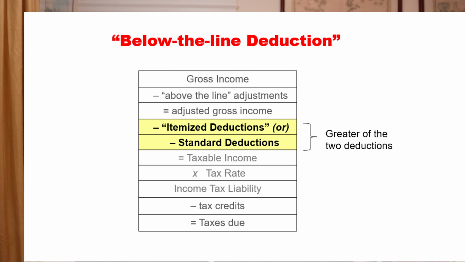Taxpayers can deduct the greater of their aggregate below-the-line deductions, also referred to as itemized deductions, or the standard deduction. The amount of the standard deduction is based on your tax filing status, such as single, married filing jointly, head of household.